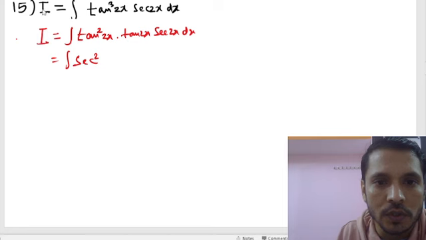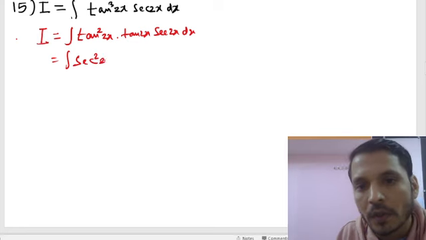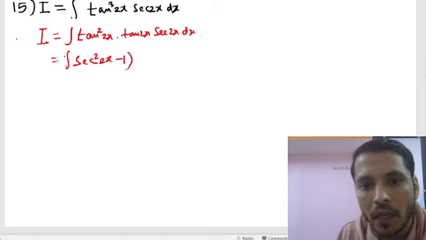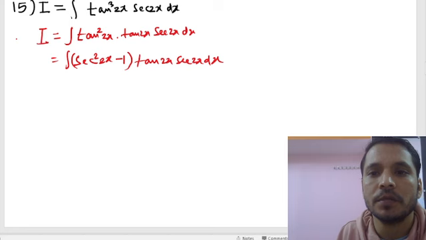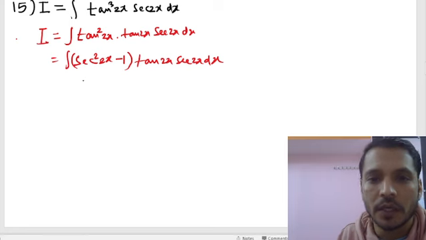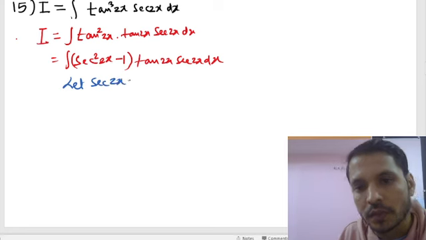minus 1, and into tan 2x and sec 2x as it is into dx. Now we can apply the substitution here very easily. Let sec 2x be equal to t.